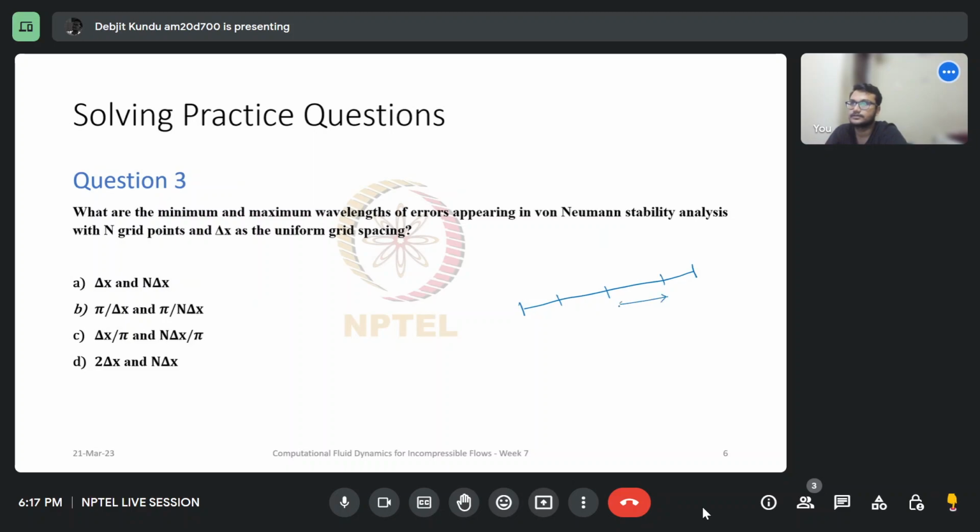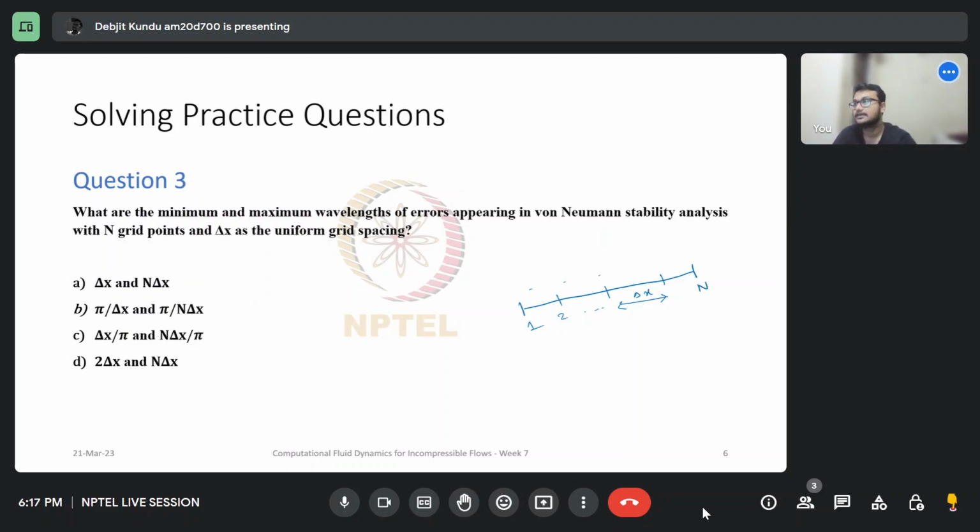So this uniform spacing is delta x, and there are n number of grid points in the mesh. So, if we perform von Neumann stability analysis on this, what would be the minimum and maximum wavelengths of errors appearing in that? So, there are 4 options given below.